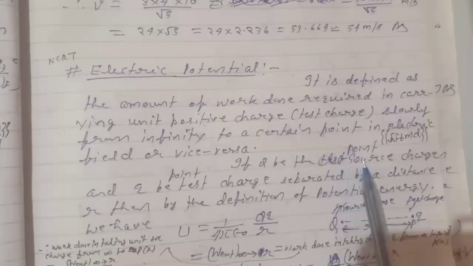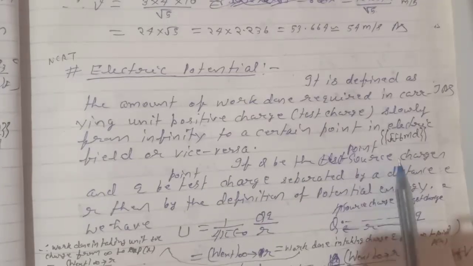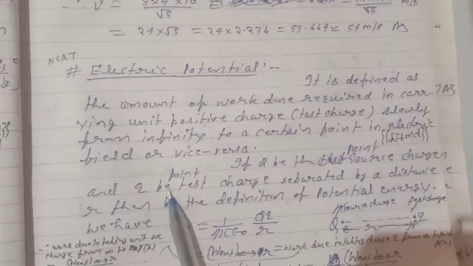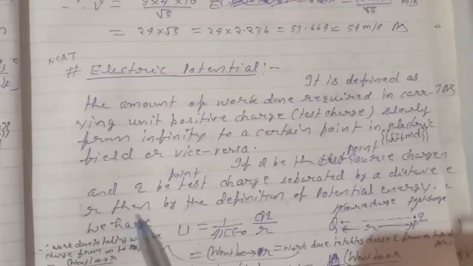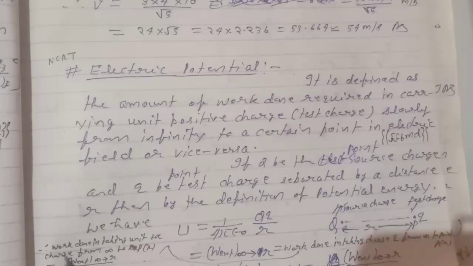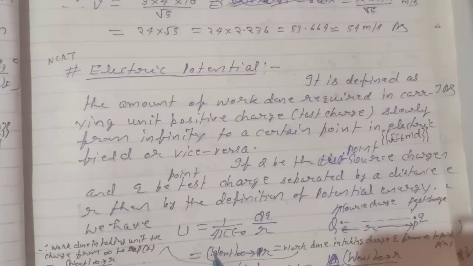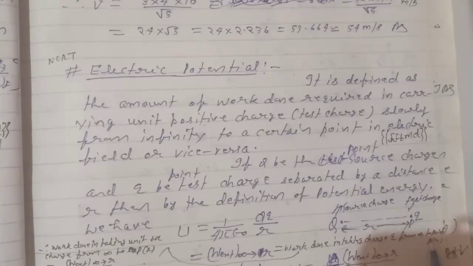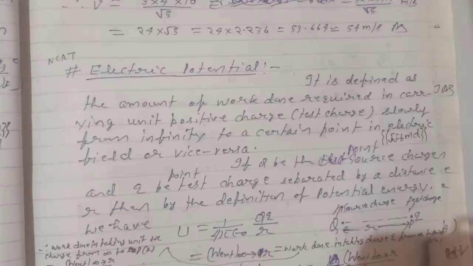If Q be the point source charge and q be the point test charge separated by a distance r, then by the definition of potential energy we have work done by an external agent to bring the charge q from infinity to the point P at distance r.